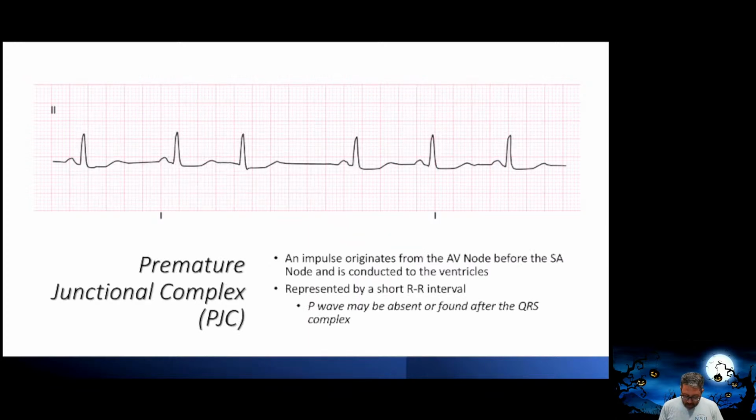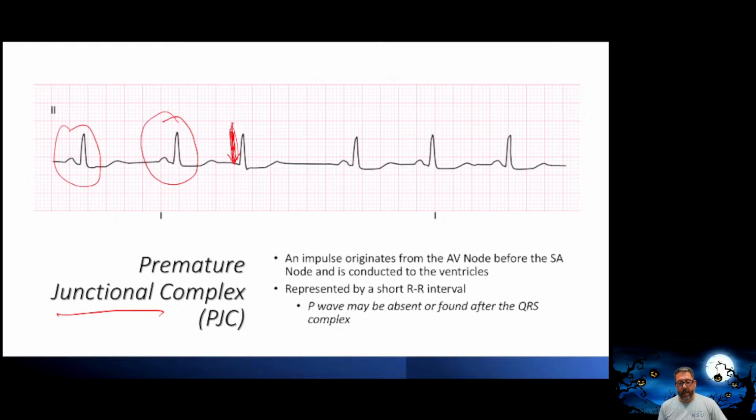A premature junctional complex. Here's your normal beat. Normal. There's no P wave here. This is your junctional rhythm. Okay, no P wave.